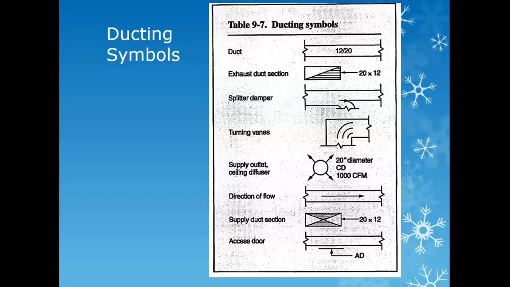You have turning vanes, a supply outlet with a ceiling diffuser, a symbol showing direction of flow, supply duct, access doors.